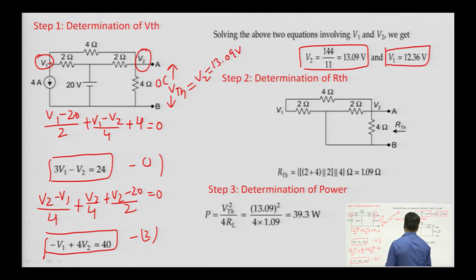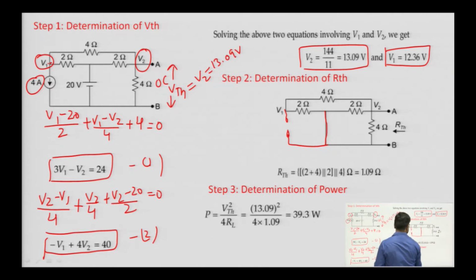The procedure to calculate the value of RTH is that we open circuit all the current sources and short circuit all the voltage sources. So, after open circuiting the current source, this one, which was here, will be open circuited, and this one is short circuited.